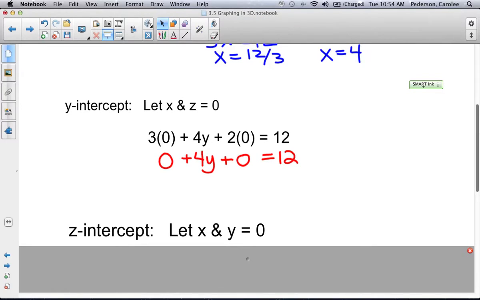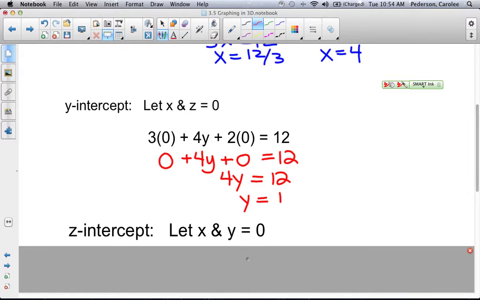So our equation now then is 4y equals 12. Then we divide both sides by 4, and y equals 3. So that is our y-intercept in our three-dimensional shape. It touches on the y-axis at 3. So in this case, it's a positive 3. We would move to the right 3 units, and that would be our ordered pair for that.